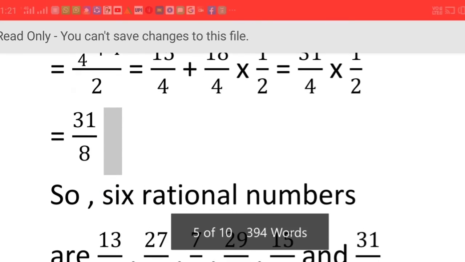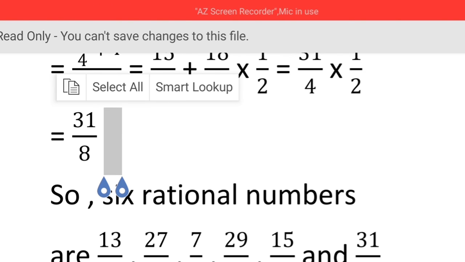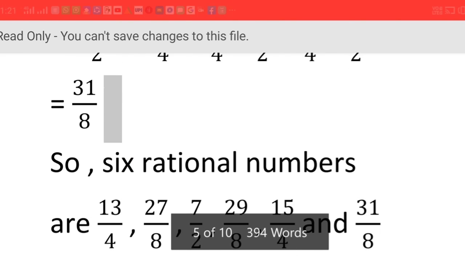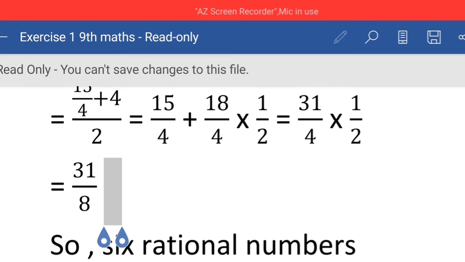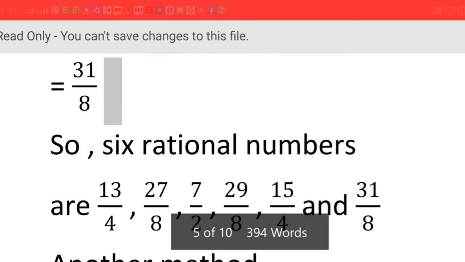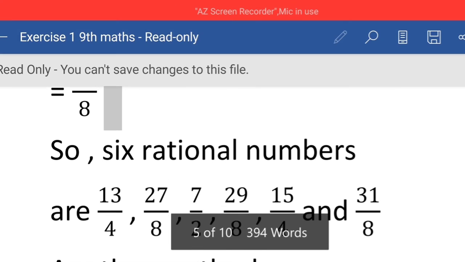So we got all 6 numbers between 3 and 4. Look at here. What are the 6 numbers?